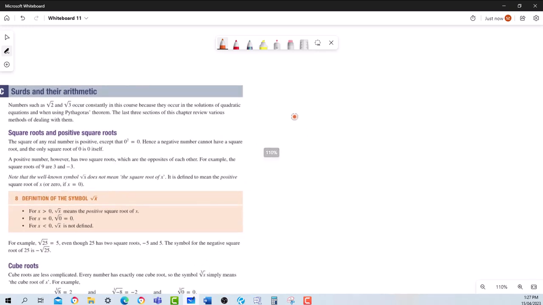So what is a surd? We know that this symbol means square root. If the square root of a number is rational, it is not a surd. The square root of 9 is 3, and 3 is rational.